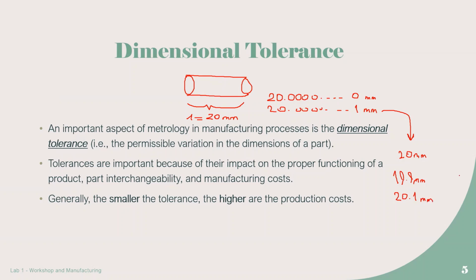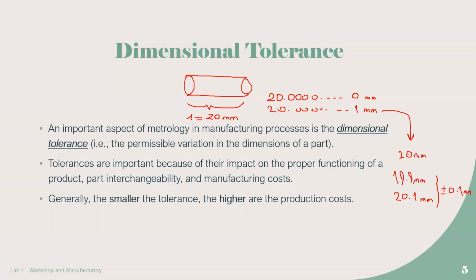It will do my work. So that means my tolerance is plus and minus 0.1 millimeter. Why do we call it tolerance? Because you can tolerate a 0.1 millimeter variance in your length. That's why we call it tolerance.